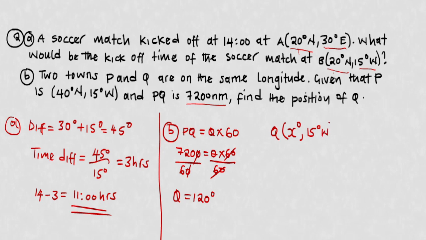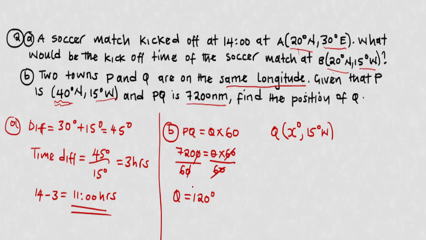So now I've gotten this longitude, meaning whatever I'm calculating for now is for the latitude. To find the latitude, I already have the difference in latitude, which is 120, and I've already been given one of the latitudes, which is 40.